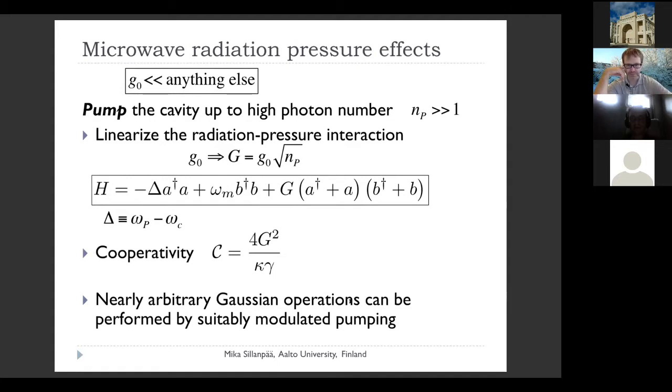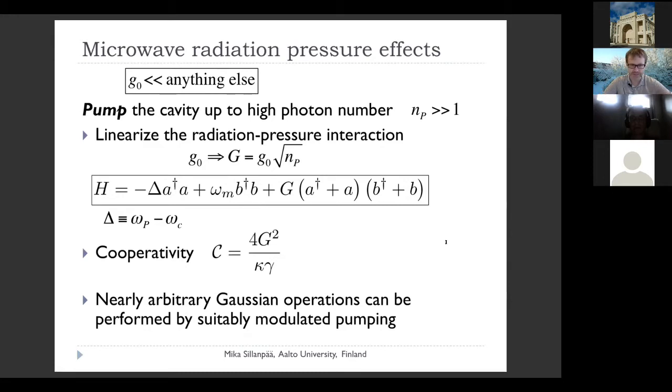And by putting there several pumping tones, or in other words, modulating the microwave pumping tones, one can design almost arbitrary Gaussian quantum operations. The limitation is that this interaction is linear, but it's linearly coupled linear oscillators, but on the other hand, they are extremely ideal.